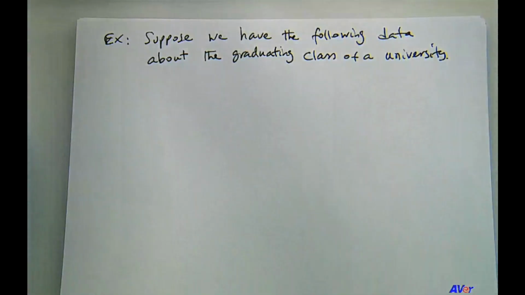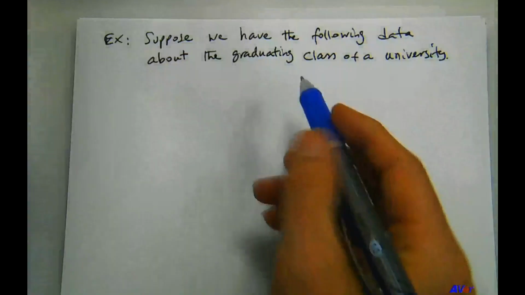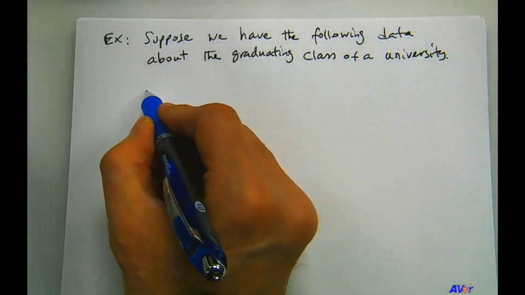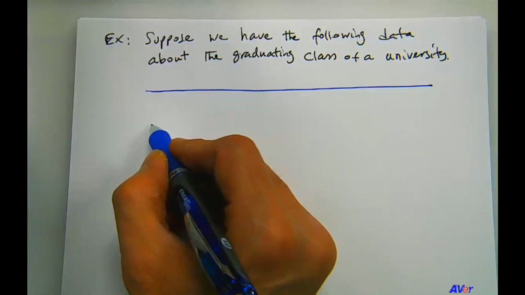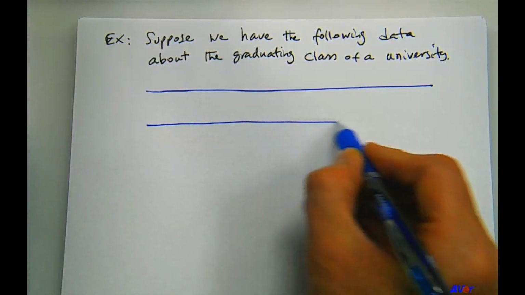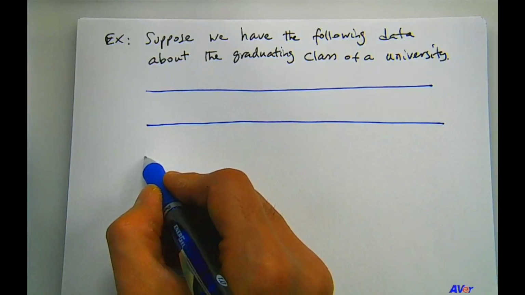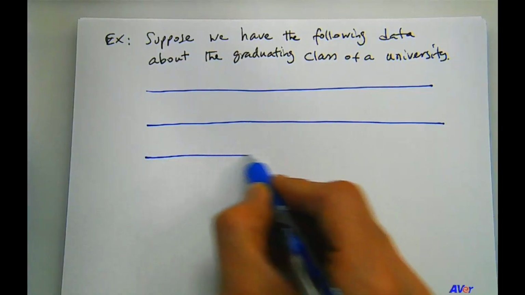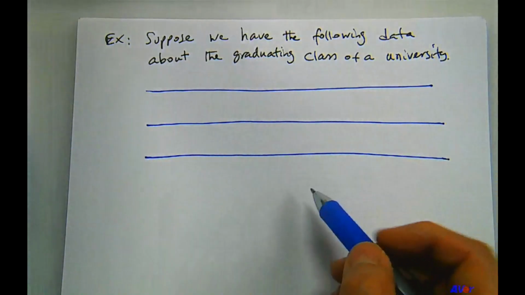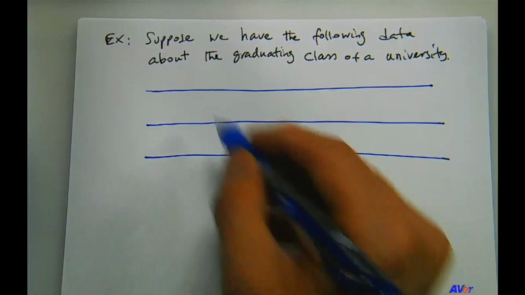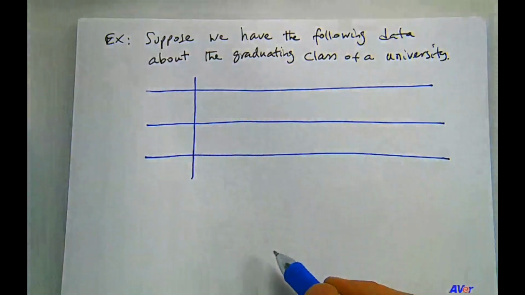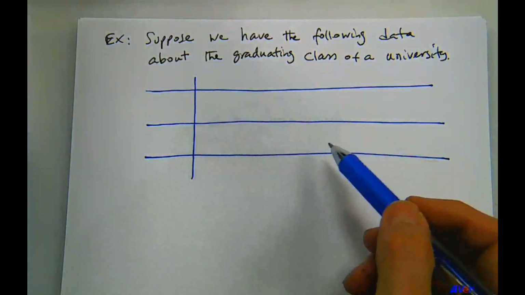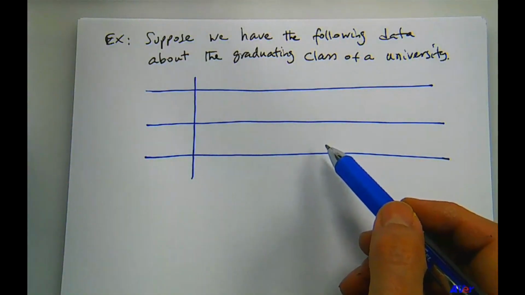Okay, so here we have a table that has different names. It's called a frequency table. It is called a contingency table. It is also called a two-way table. My favorite name is the frequency table because the numbers in this table exactly represent that.